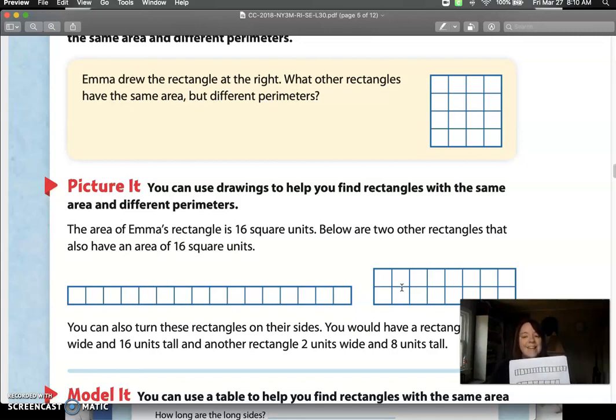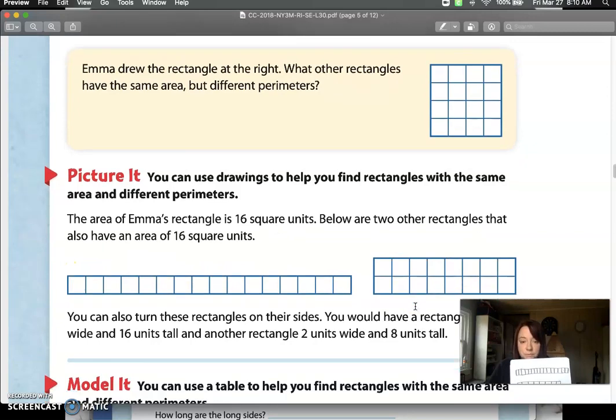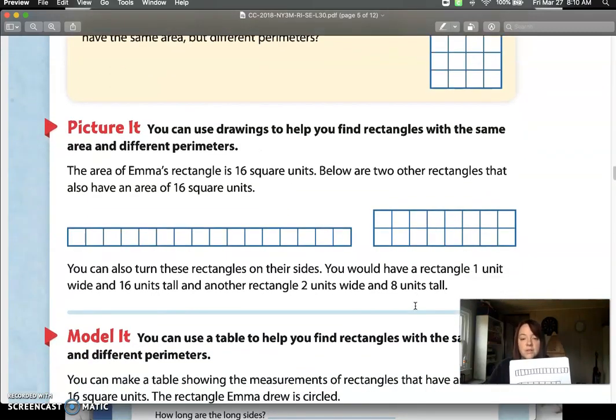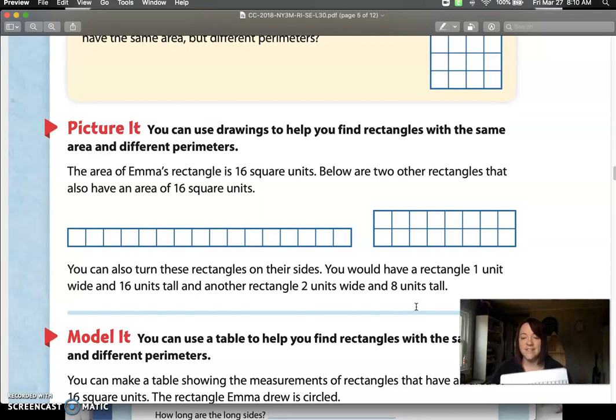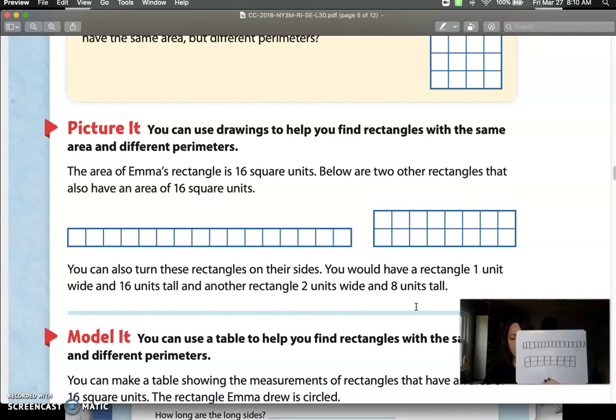But that is the area of them, because it's the total amount of square units inside of the perimeter. Since you can also turn these on the side and do it this way, now we need to figure out, is it a different perimeter than the area? If we have 16 square units as our area, what is our perimeter going to be? So we need to look at this. If we look at this, it's only one box by how many? 16.